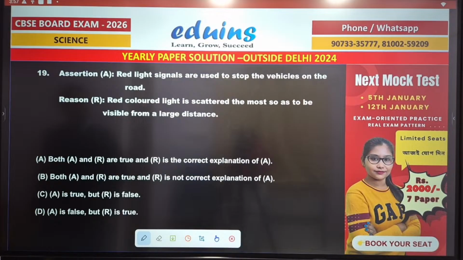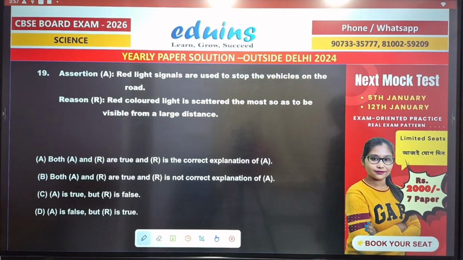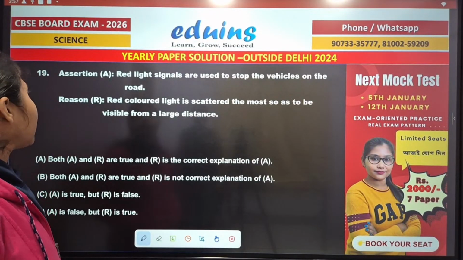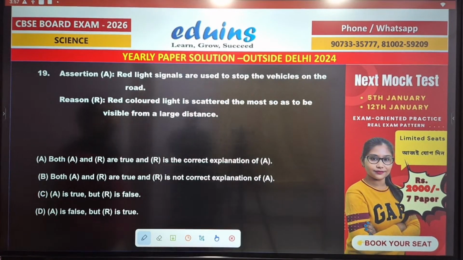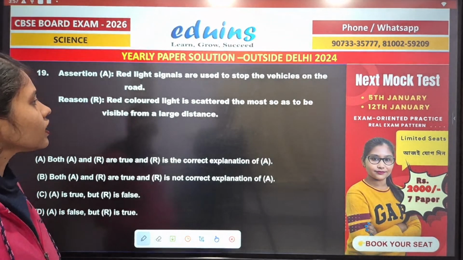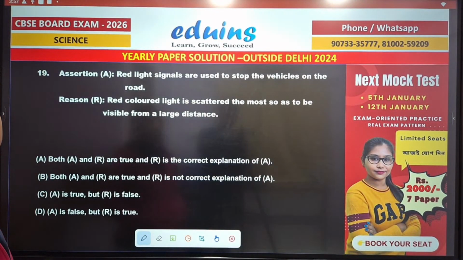Okay, ma'am, please come and solve this question. Okay, let's go. The assertion is that red light signals are used to stop vehicles on the road, and the reason is that red colored light is scattered the most so as to be visible from a large distance.